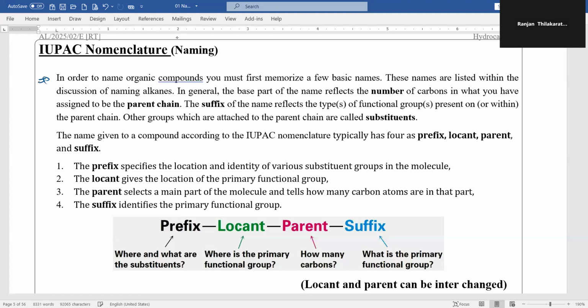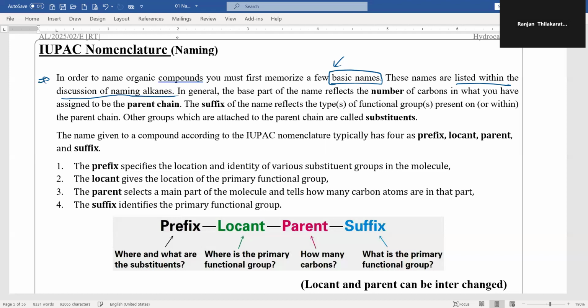In order to name organic compounds, you must first memorize a few basic names. Basically, you need to know how to get the name depending on the number of carbons. If it is 1, meth; if it is 2, eth; 3, prop; and so on. These names are listed within the discussion of naming alkanes.